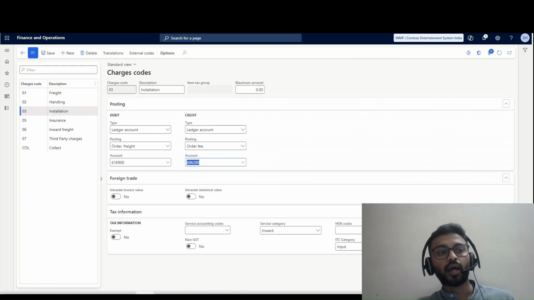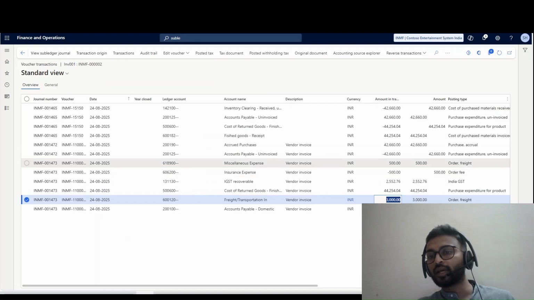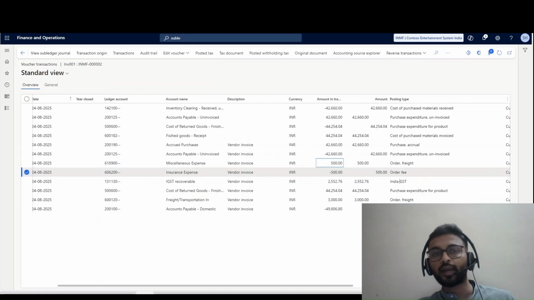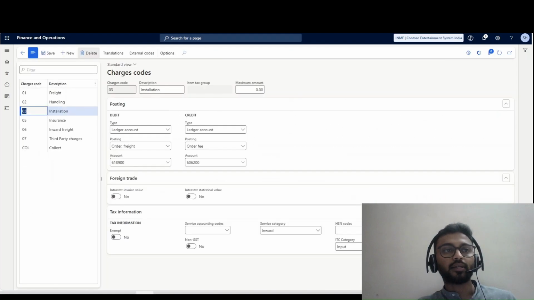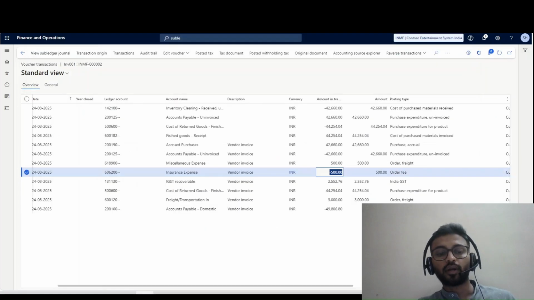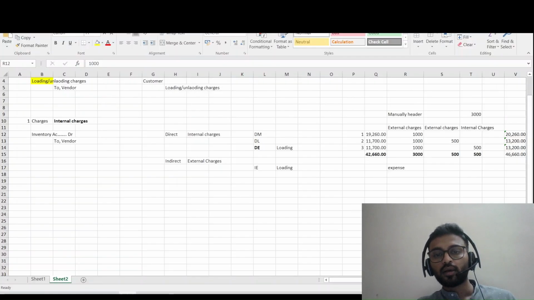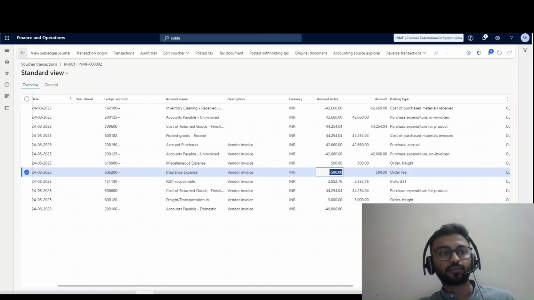Now for line 2, I have added installation charge number 03. I think there is some problem in setup, but you can see that debit credit will be 500, ledger it is there. Now for the third line, I have chosen charge number 7.